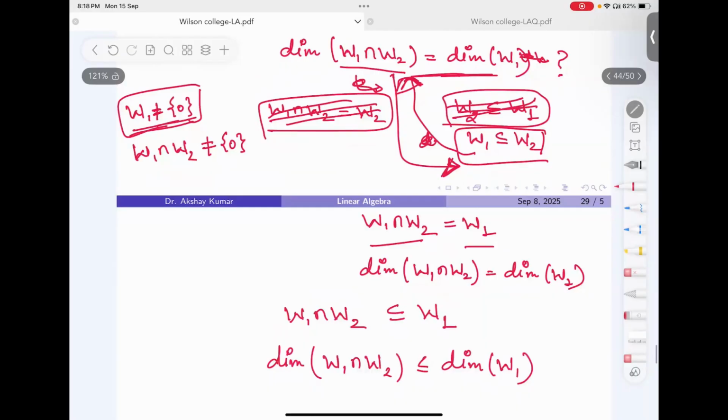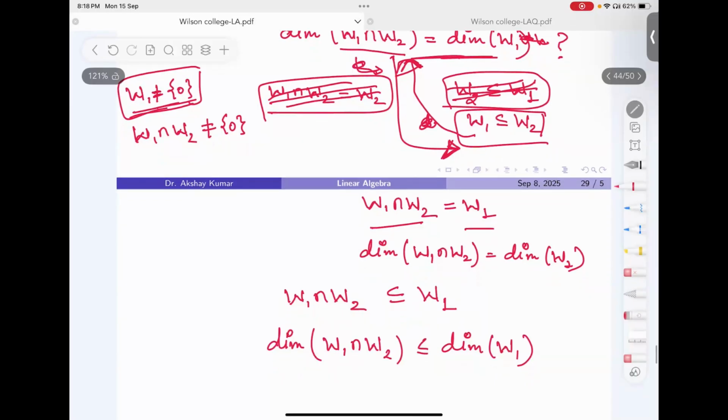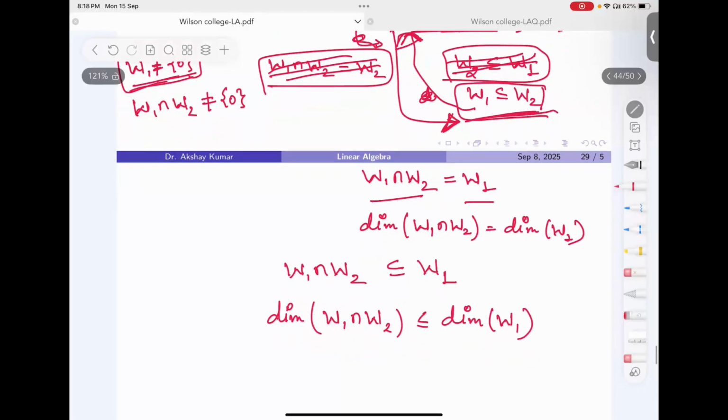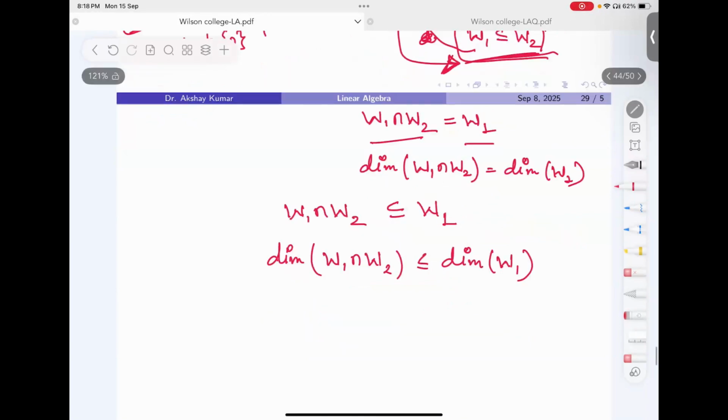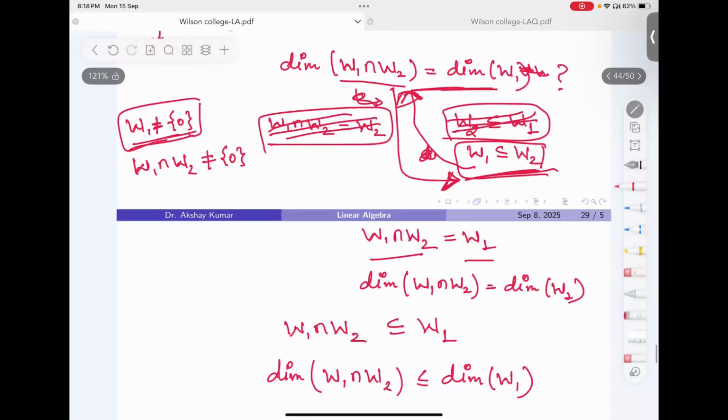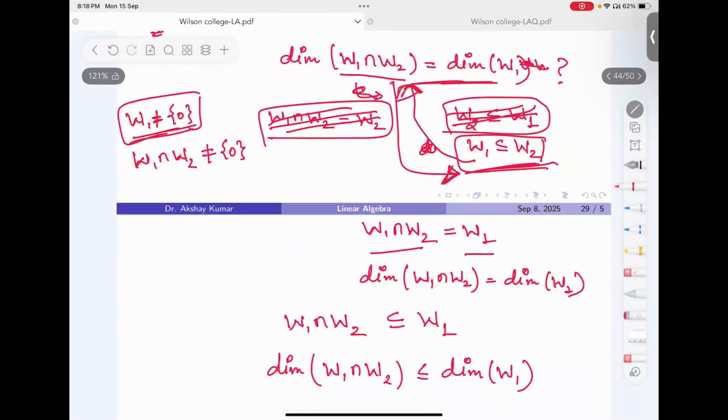So what we are saying, W2 subset of, we need to check this one. Okay, I think this may not happen always.